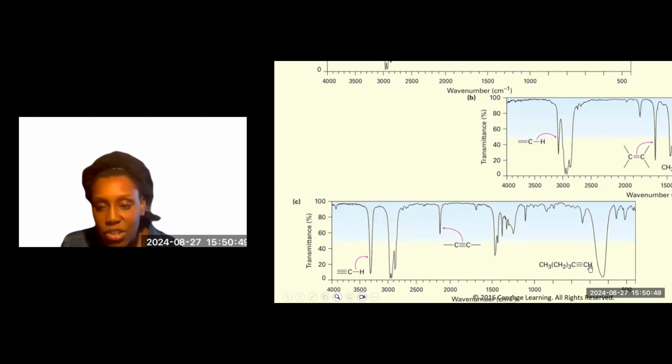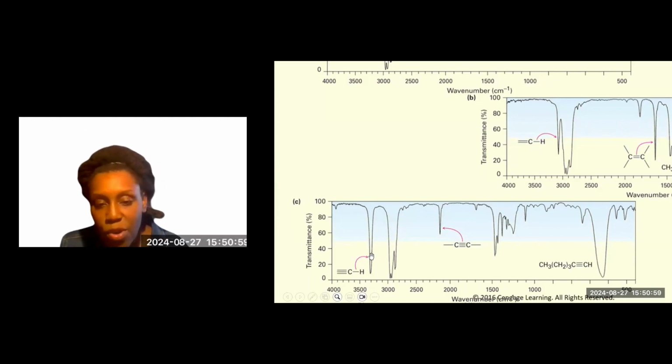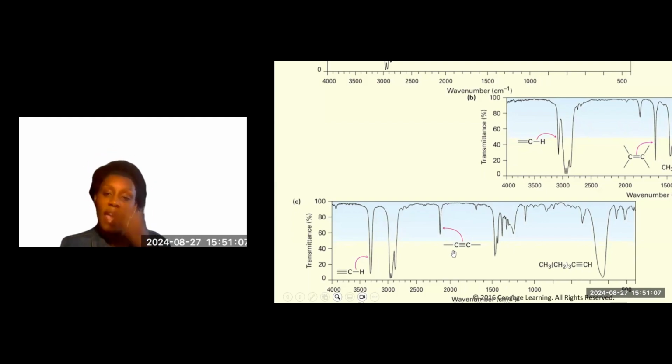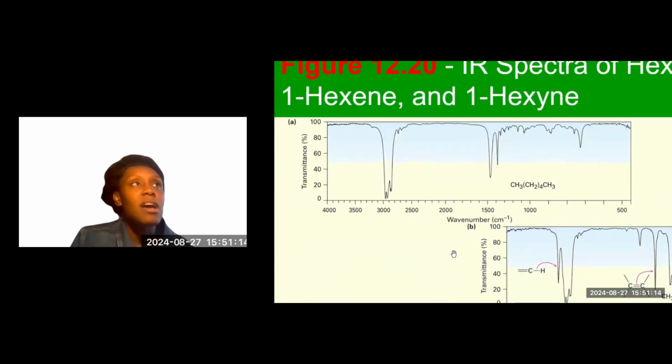And so you have this hydrogen here, and so you do have sp carbon-hydrogen stretching here, hence why you have this peak over here around 3,300. And then you do have a peak between 2,000 and 2,500 for your carbon triple bond carbon. And so as you can see, there are ways to tell what each of these would look like.